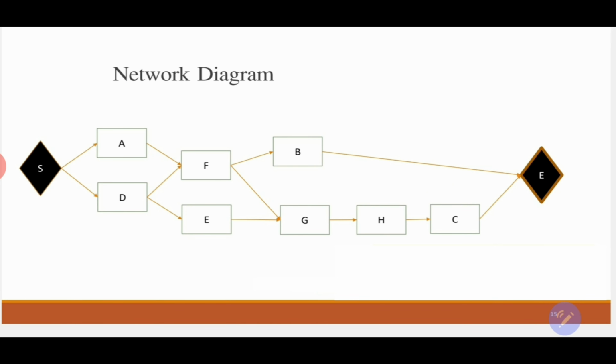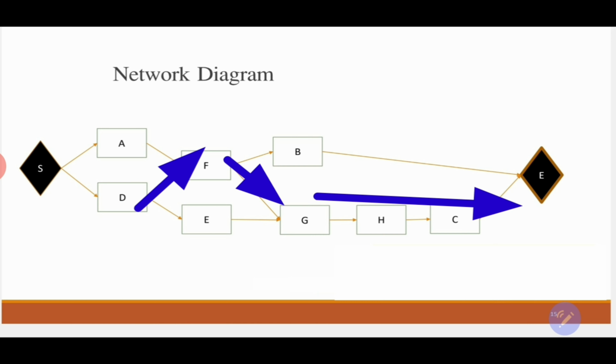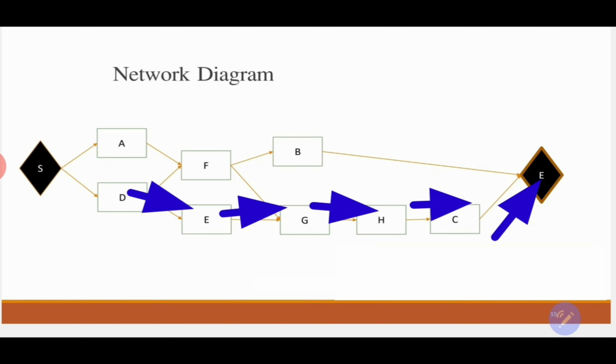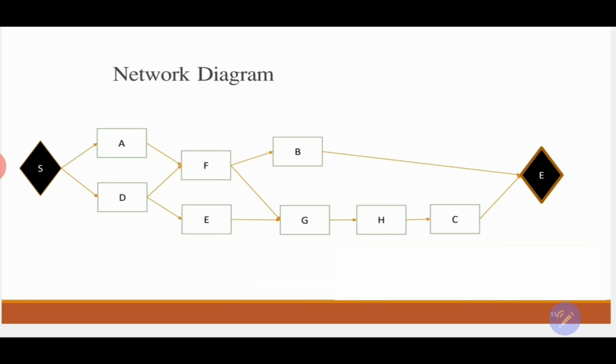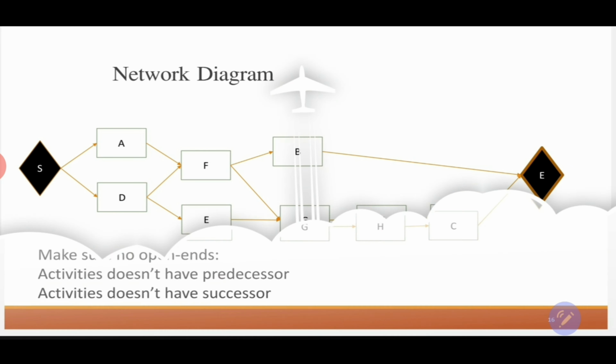And we have the activity D, F, B till the end. That's a path. And D, F, G, H, C is another path till the end, and D, E, G, H, C is considered to be another path. And from this network diagram, we are able to know that I have 5 paths in order to complete the project from start till end.